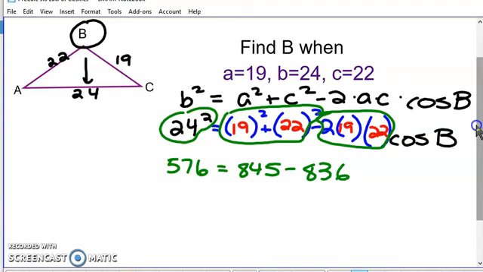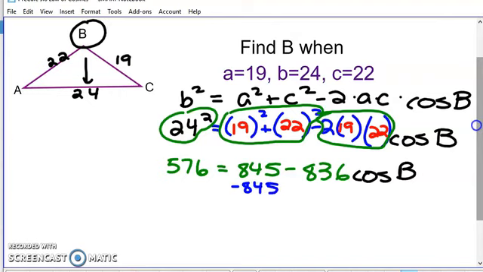And then this is the cosine of B. So this is one of the reasons people get a little messed up on this one, is they see 845 minus 836, and it's like, oh, it's 9 cosine B squared. Well, no, just like you wouldn't do 2 minus 3x is negative 1x, we wouldn't do that because those are not like terms. It's the same thing here. I would not do that because they are not like terms.